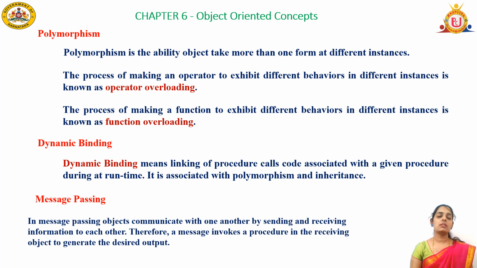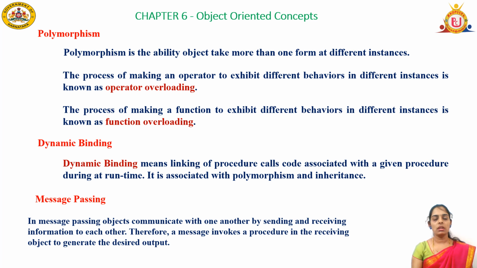Next, polymorphism supports function overloading. The process of making a function exhibit different behavior in different instances is known as function overloading. An example of function overloading is the sum function. Sum is a function which can calculate the sum of two numbers.